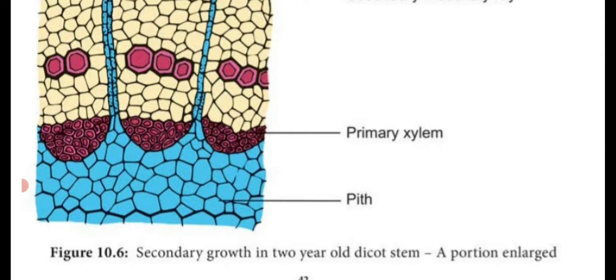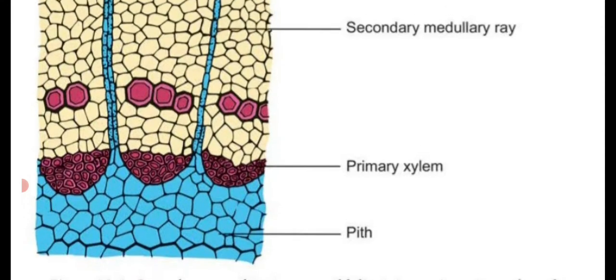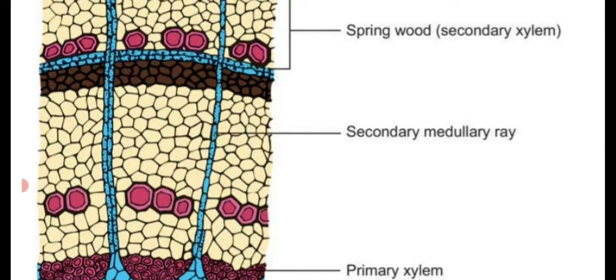The dark reddish brown color is known as primary xylem. Then between the vascular bundles, the medullary rays which are forming the cambium is called vascular cambium. The rays are known as secondary medullary rays.